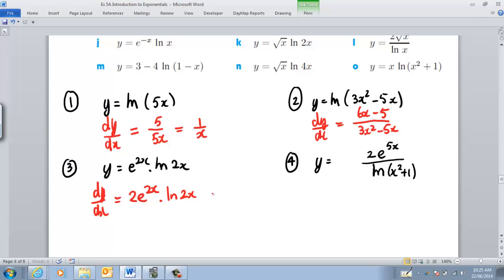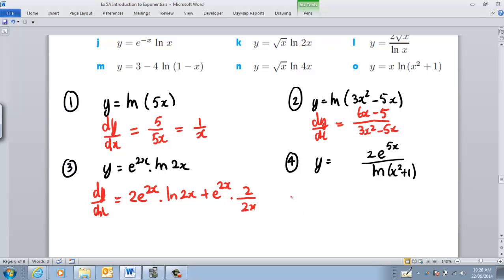Then I add my f function, e to the 2x, times the derivative of this function, which is 2x all over 2. Now I can simplify that if I want to, but essentially I've just shown you the derivative.